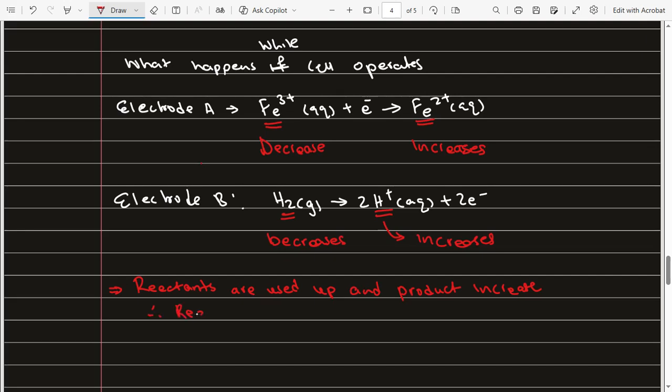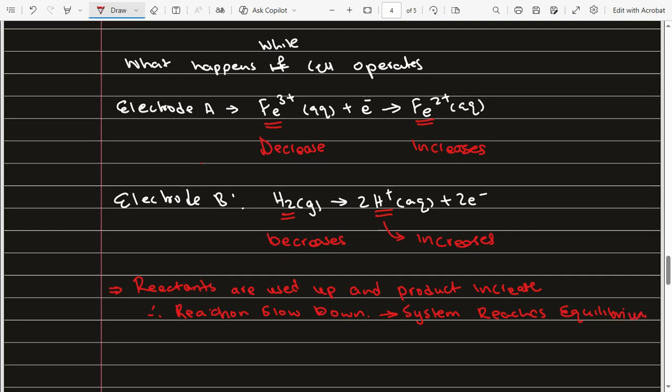Therefore the reaction slows down, and if the reaction slows down, we say that the system reaches equilibrium.